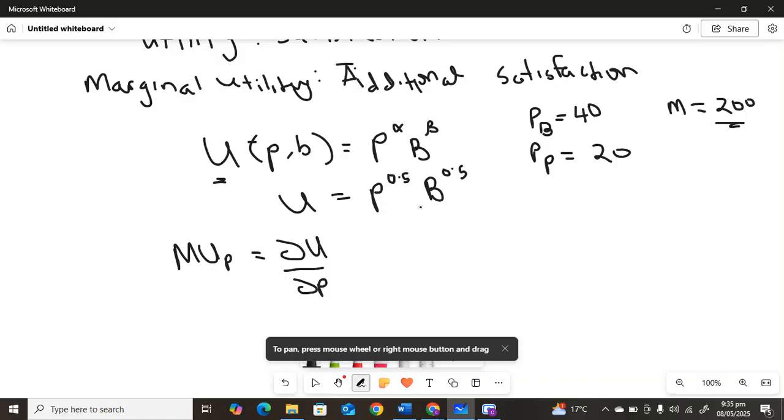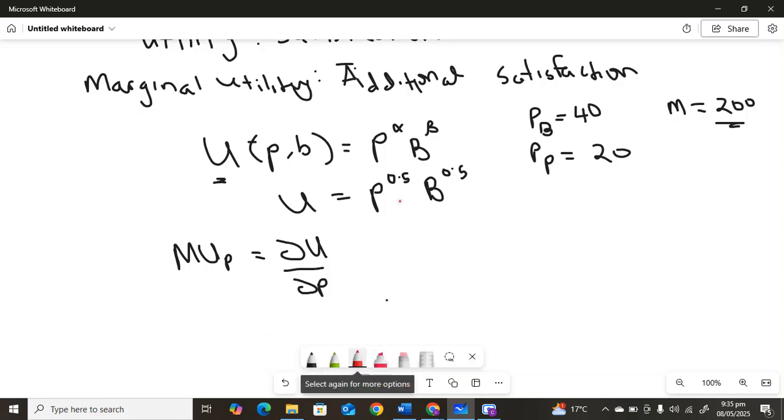Okay. So if we differentiate this function here, remember differentiation where you multiply the exponent by the coefficient. 0.5 times 1, that gives us 0.5.